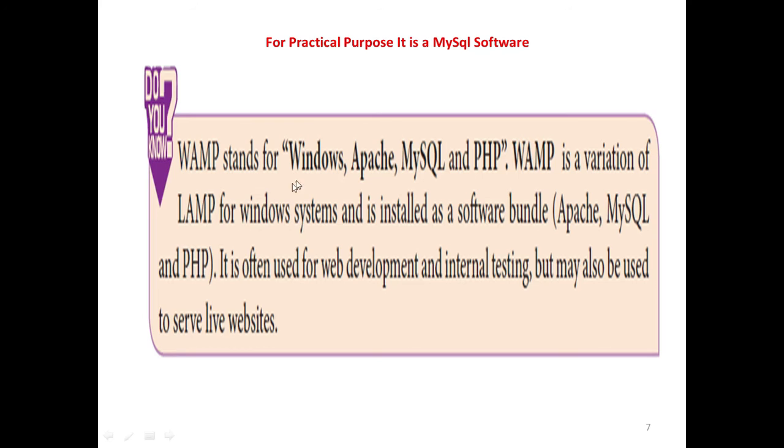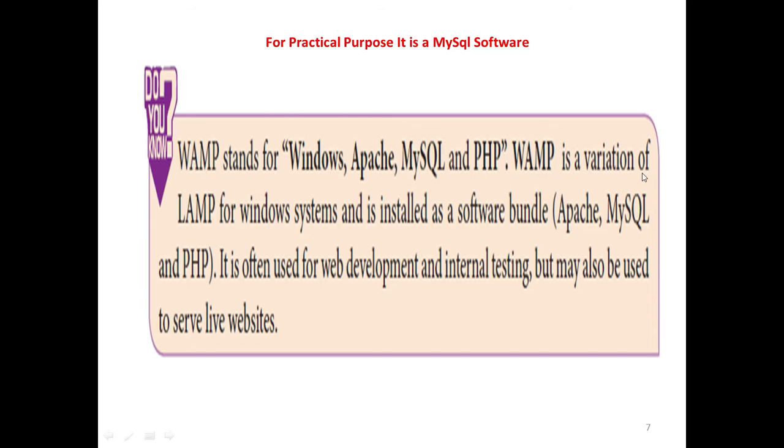The first letter W, Apache A, MySQL M and P for PHP. So the word will be WAMP. Important for you. Based upon this software you learn PHP and MySQL in your lab session.